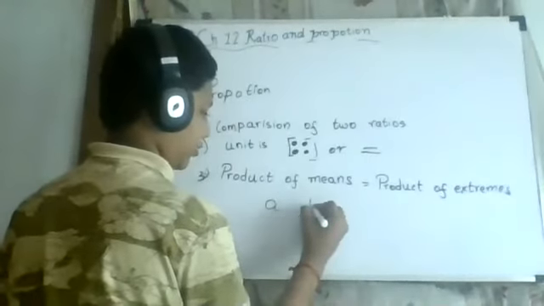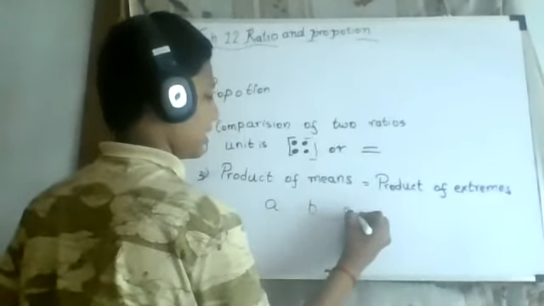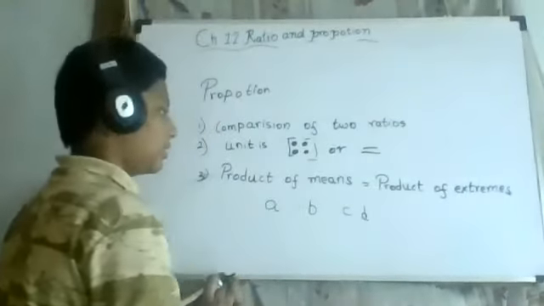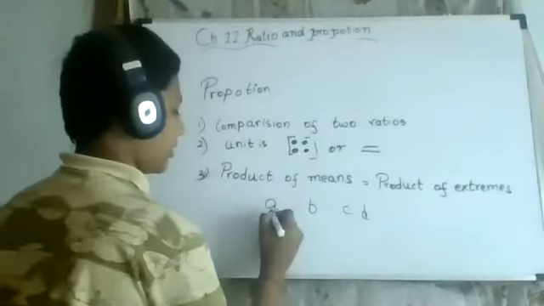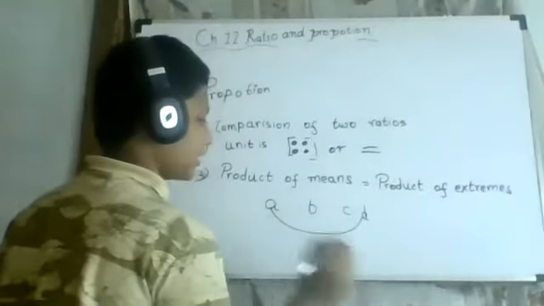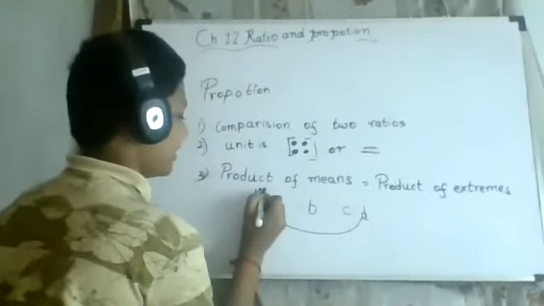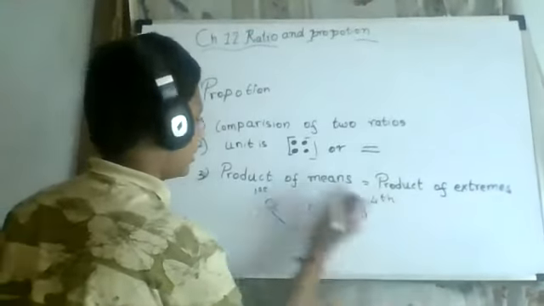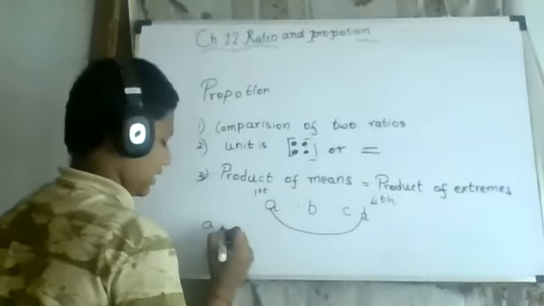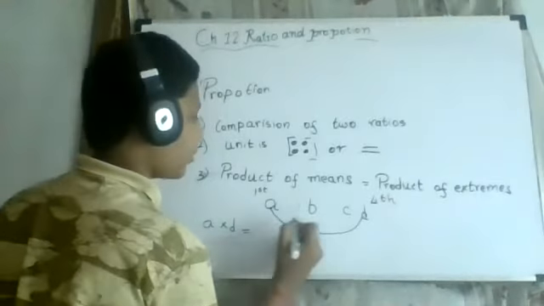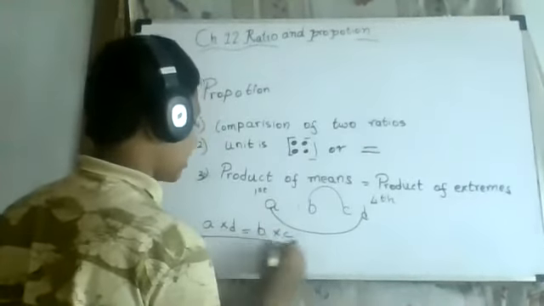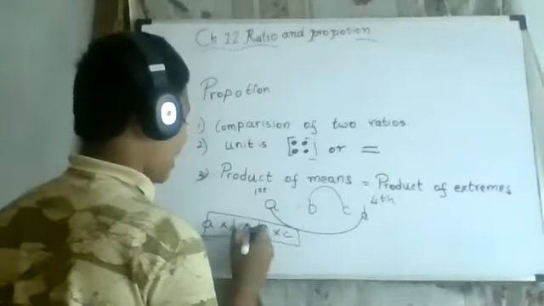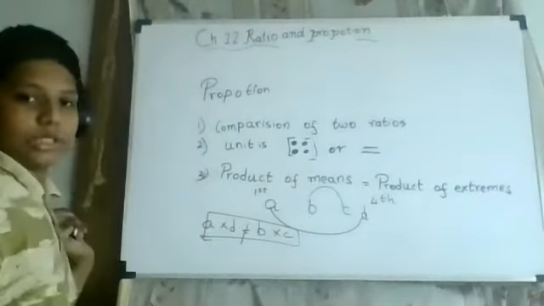See, A is to B as C is to D. If they have given like this, how to find they are in proportion or not? Product of means: the first term and the fourth term are known as means. So A into D, if it is equal to the product of extremes, B into C, then the two ratios are in proportion. If they are not equal, they are not in proportion.